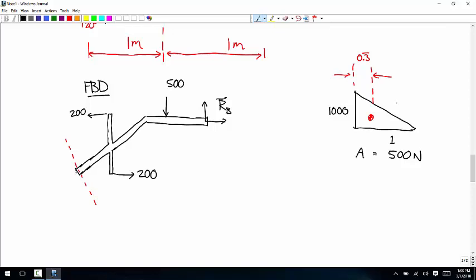So the force vector is this, where that's a 90-degree angle. The way I drew it, it looks like it's straight along the line of that beam, but it's not. And I'll call that RA.